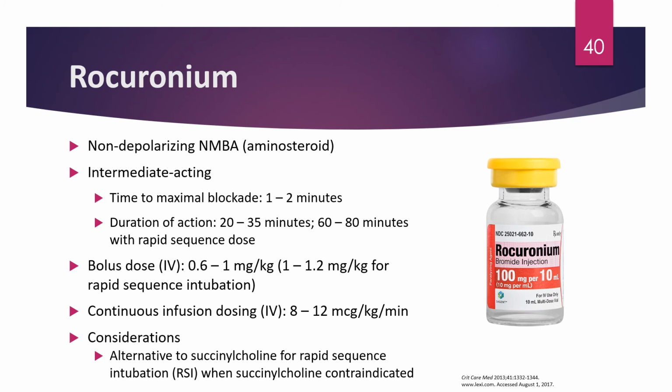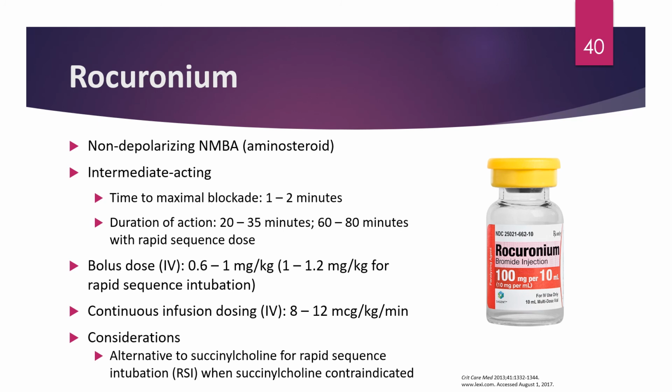It is intermediate acting, so its duration of action can be between 20 to 35 minutes if you are giving it as a continuous infusion, or 60 to 80 minutes with a rapid sequence IV bolus dose. So obviously it will act longer than succinylcholine. Remember, succinylcholine is short, S for short. We can give this one as a bolus dose or a continuous infusion dose.